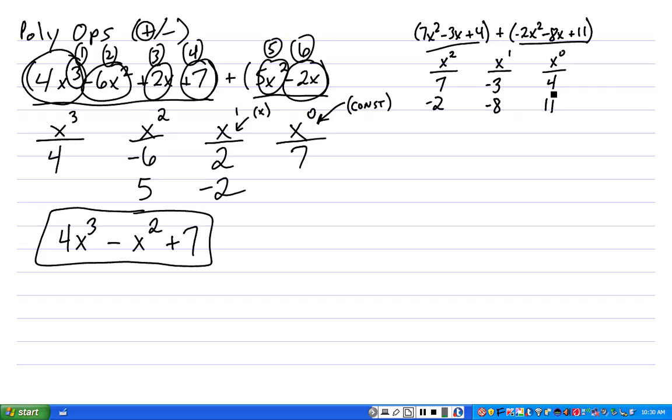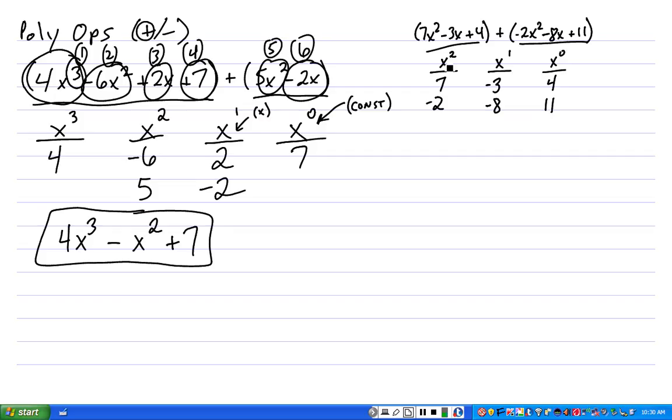Okay, so everything's accounted for. I have 1, 2, 3, 4, 5, 6 terms in my problem, and I have 6 terms accounted for in my column alignment to do the combination of like terms.